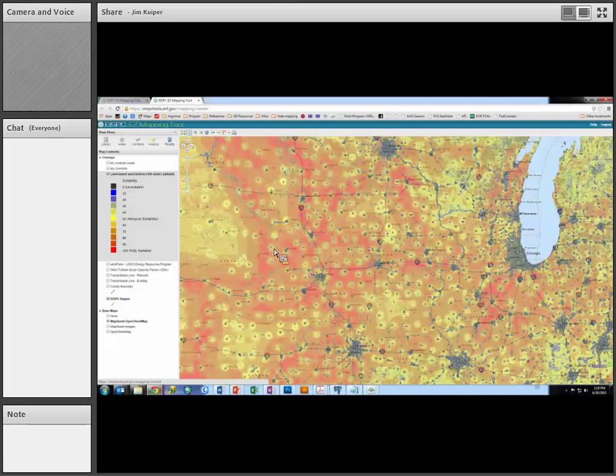Previously I'd run this without a requirement to be close to transmission lines. And there were some regions in northwest Iowa that were pretty favorable for wind energy, with the major drawback that they're less accessible to existing transmission.